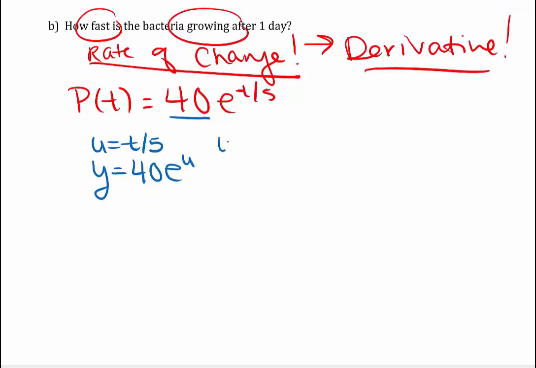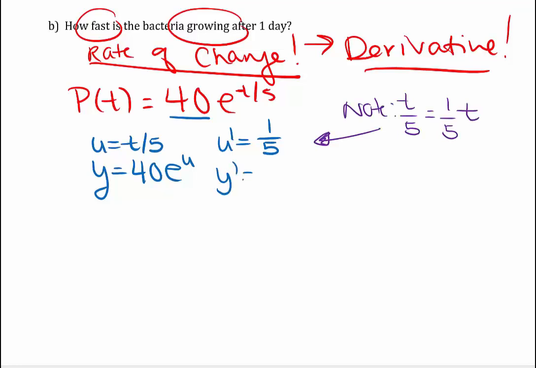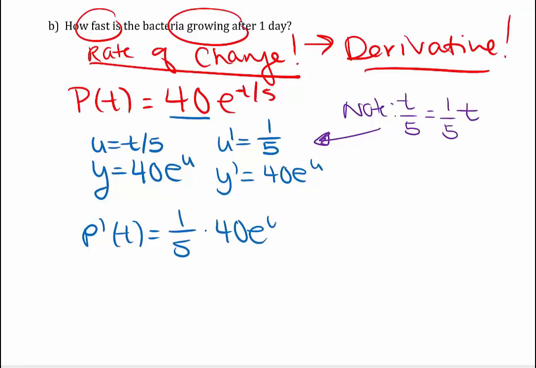The derivative of t divided by 5 is 1/5, and the derivative of 40 e to the u is 40 e to the u. So the chain rule says that this derivative should be u prime times y prime. 40 times 1/5 is 8, and I'm going to change that u back to a t divided by 5.